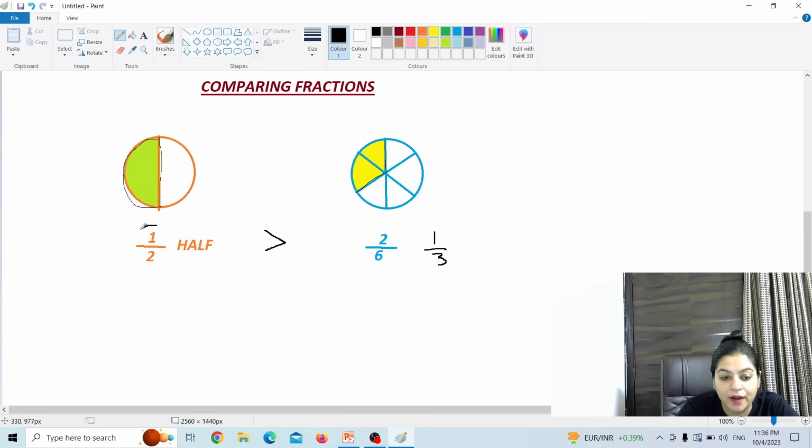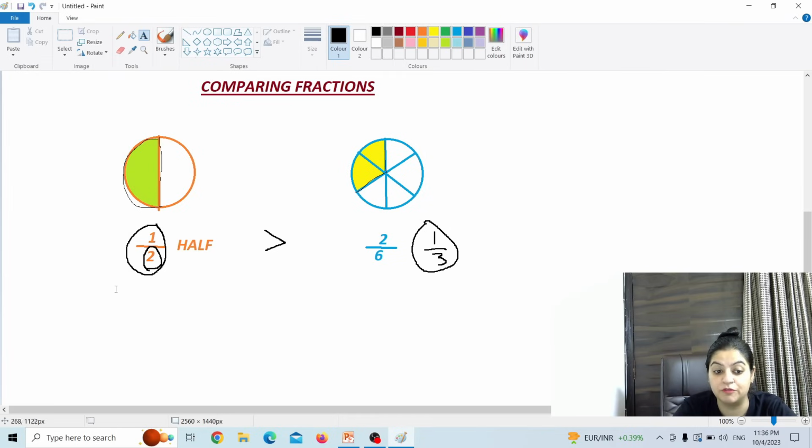Now you see, 1/2 and 1/3 both have the numerator same, right? So when the numerators are same, the fraction with smaller denominator has greater share. It makes a bigger fraction.